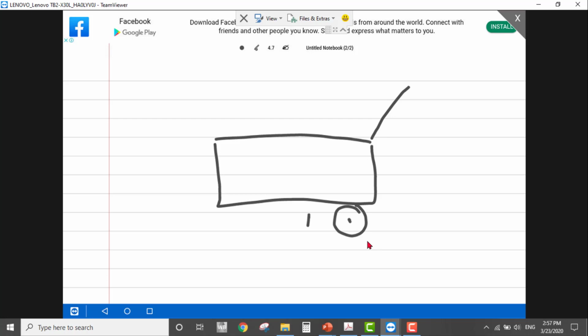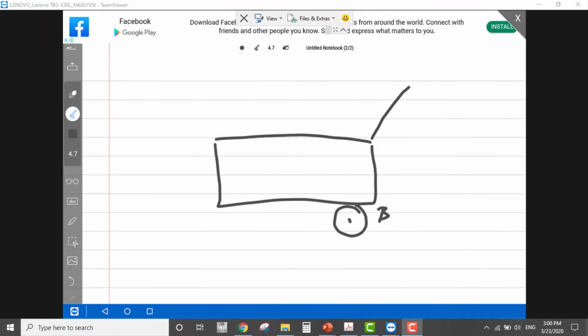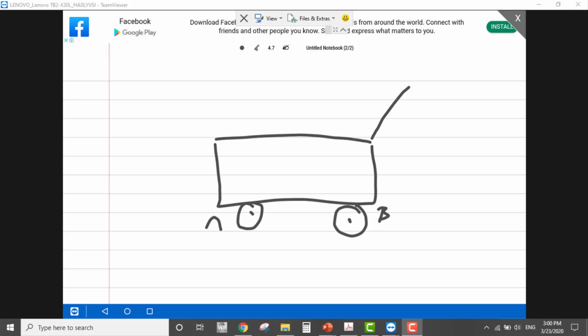So this is point B here. And here we have the wheel A. And here somewhere we have point G.